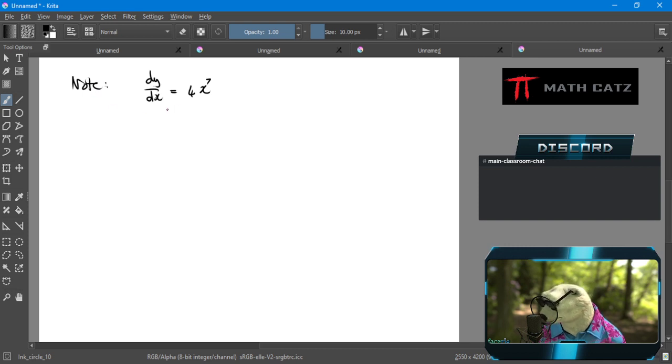They are separable equations. There is just no y's floating around. I would still separate the differentials like this, integrate both sides. The left side is just y, and the right side is whatever the right side wants to be.